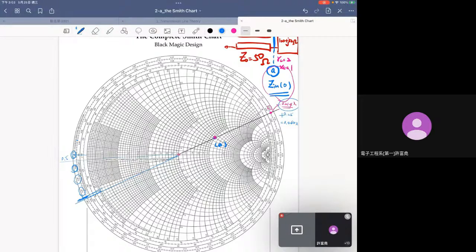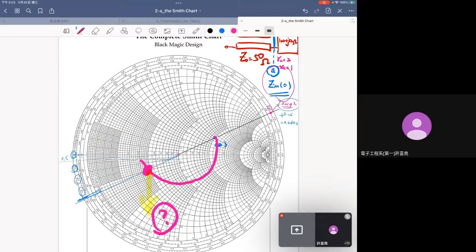Okay, and then go to the new position, and use your compass to make a circle to the new place, and then you find out what your new impedance is.